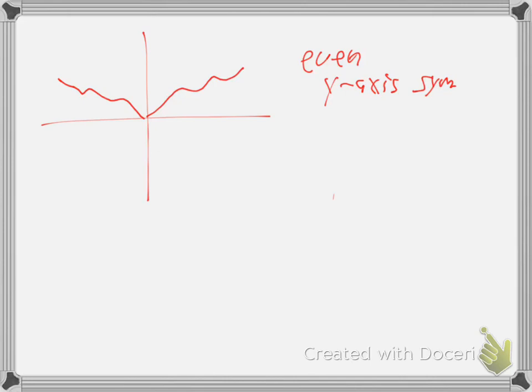However far to the right you go, if you go up, and you go left that same amount and go up, it's always the same height. If you go right x, the height you get is the same as if you go left. Doesn't it mean that?